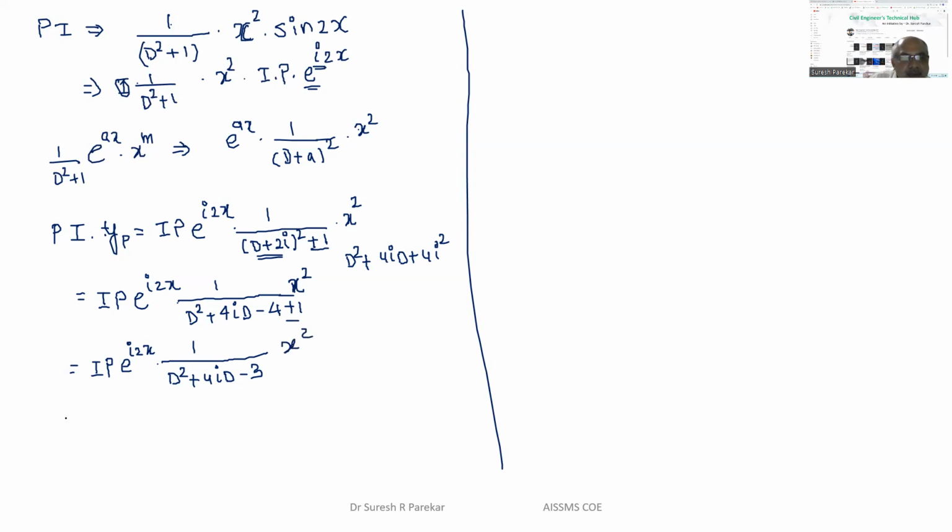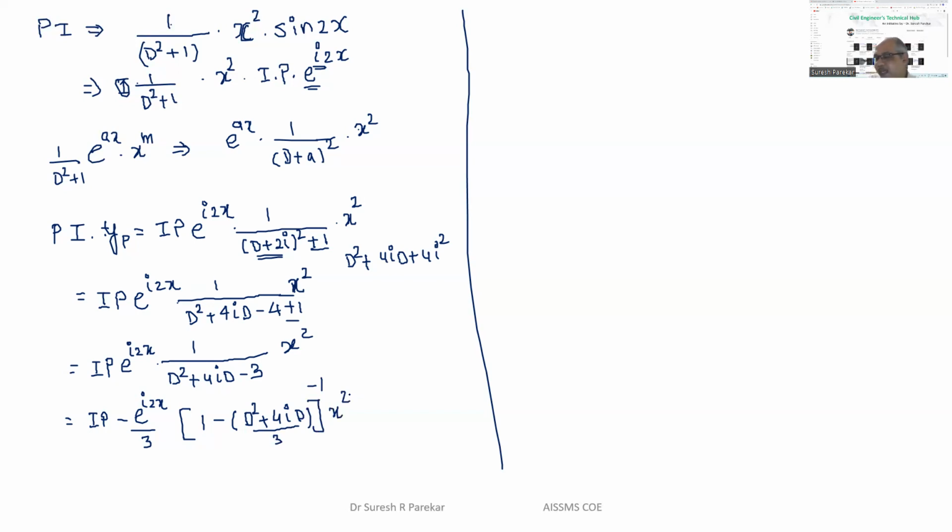Then we get IP of minus e raised to i2x upon 3, and then I will directly write this will be 1. Now these two terms become minus, so 1 minus (D square plus 4iD upon 3) to the power minus 1 into x square.